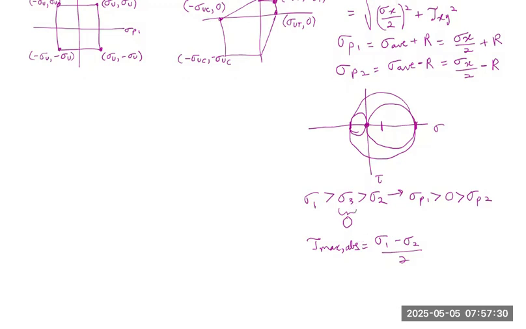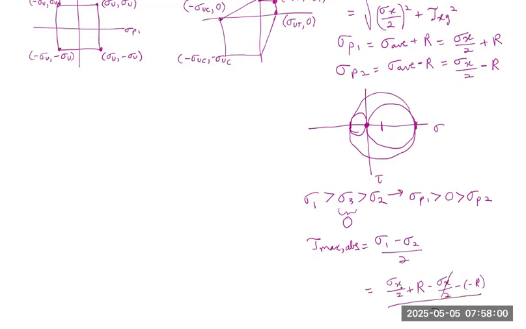So plugging in known values, we have that sigma 1 is equal to principal stress 1, which is equal to sigma x over 2 plus R. And then we have minus sigma 2, which is over here principal stress 2, which is sigma x over 2 minus R, and all this is over 2.